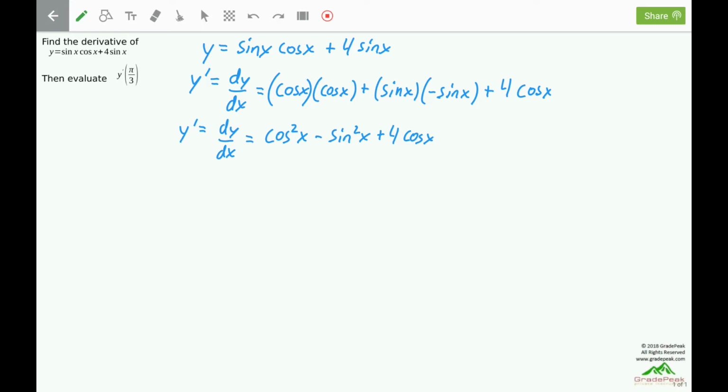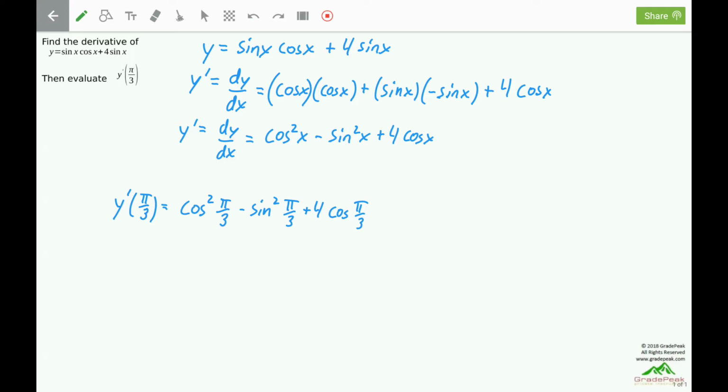The next step is to evaluate y prime of pi over 3. Y prime of pi over 3 means to plug pi over 3 into each of the x's. Cos squared of pi over 3 minus sine squared of pi over 3 plus 4 cosine of pi over 3.